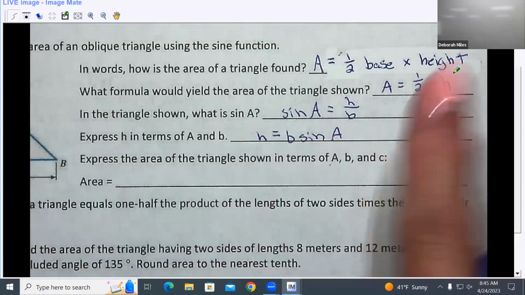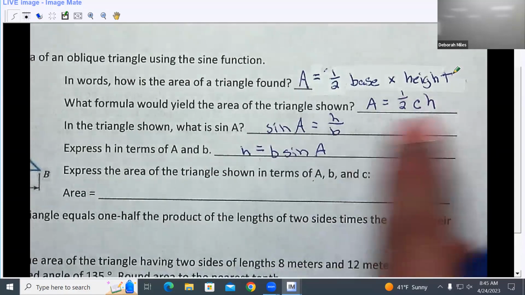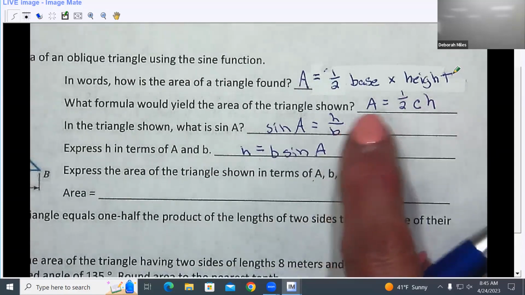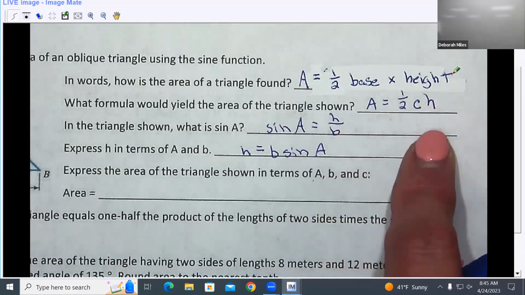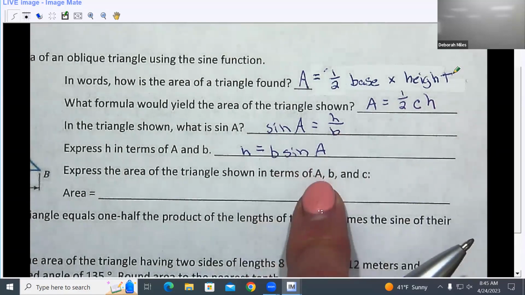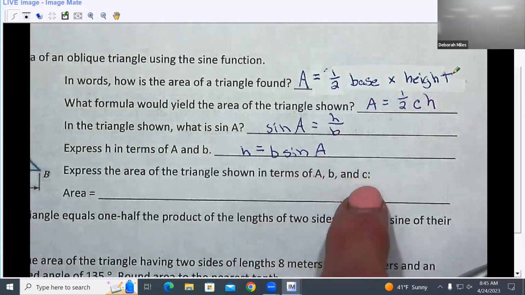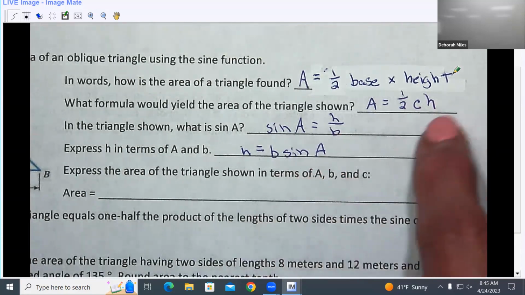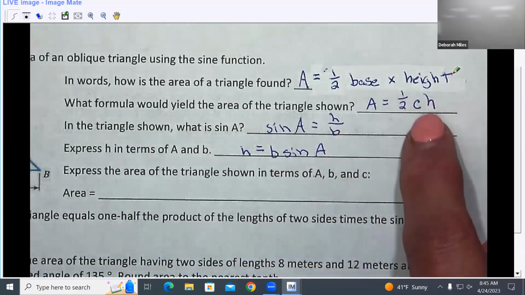And so can we turn this formula that we had on our second line here, A equals 1/2 CH, into a formula that has angle A, side B, and side C instead of having an H in it? What could I put in place of that H?